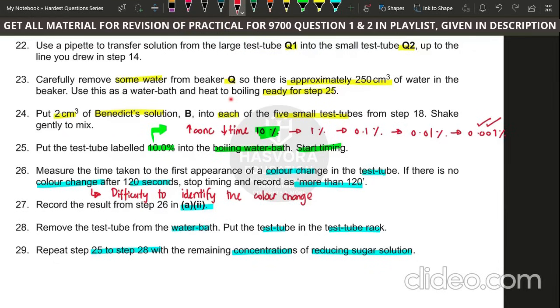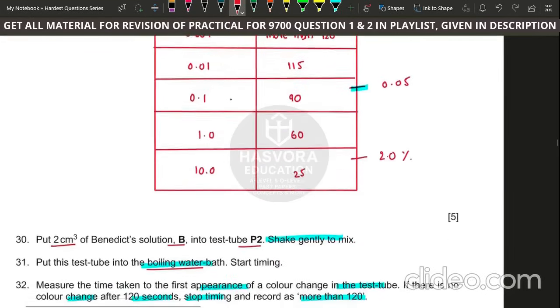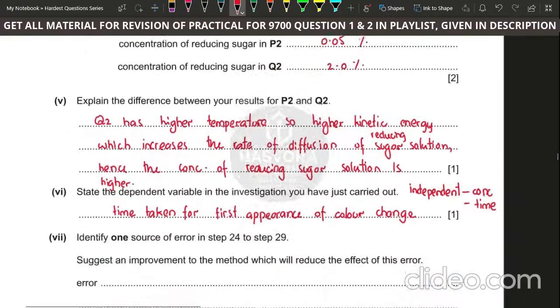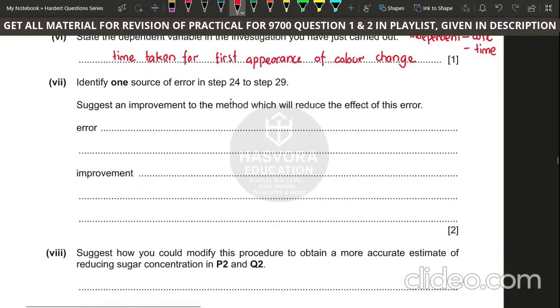And then this can only be the error, I think. Okay, so you can also write other errors related to this experiment. For example, you can write that the outer region of the whisking tube can be contaminated by other solution that will obscure your readings.